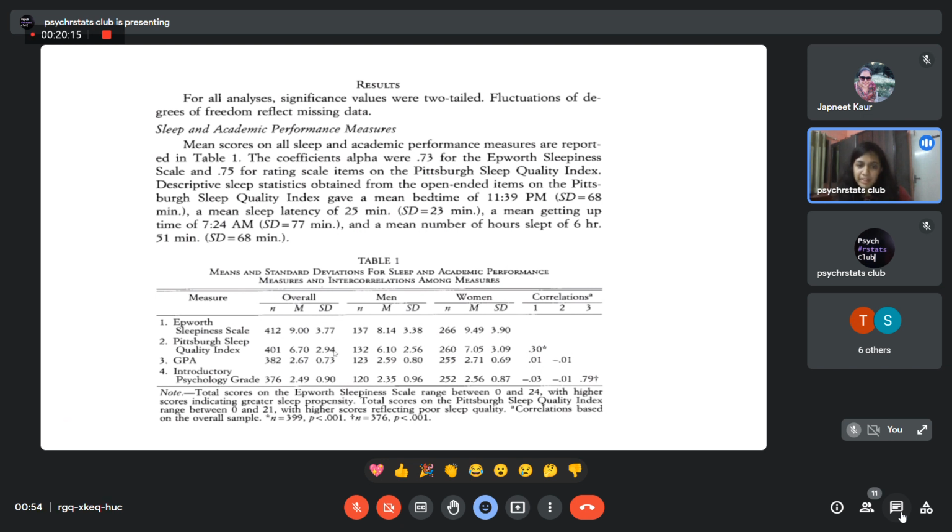So let's compare within these values. If you look at the SD for the sleepiness scale and the SD for GPA, and try to imagine how the distribution would look, for GPA more scores would be closer together around the mean because the SD is less. For the sleepiness scale, the data would be more spread out around the mean because this value is higher.